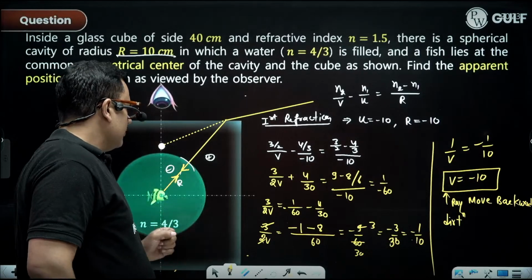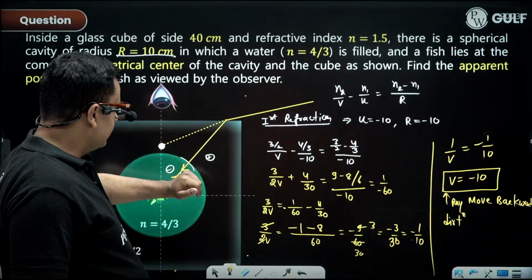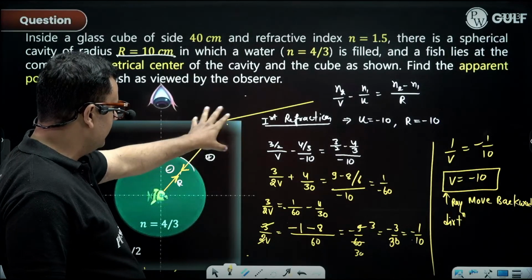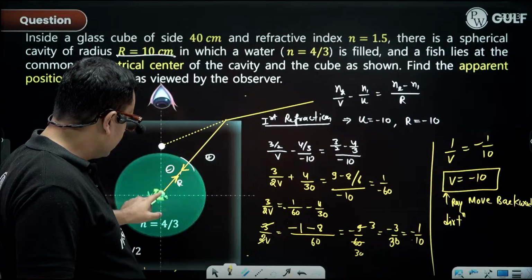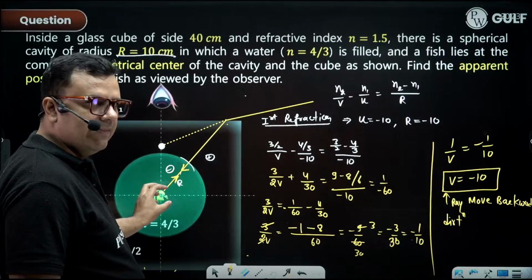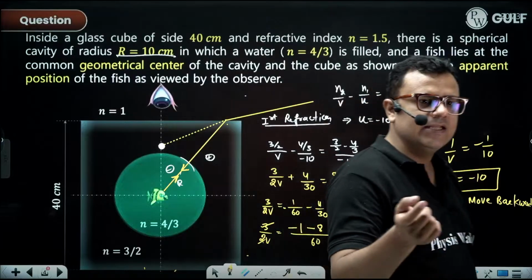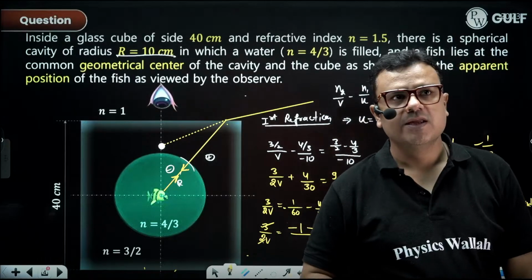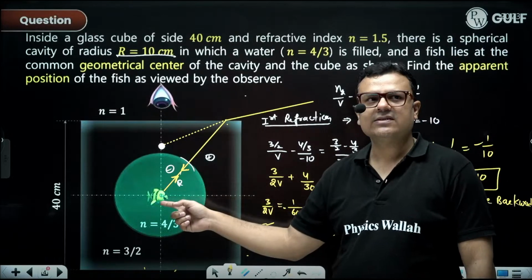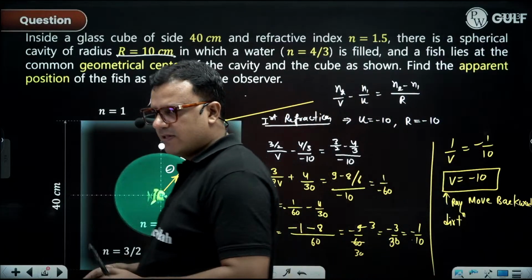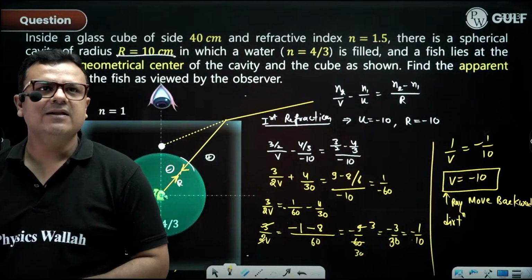In this scenario, we are saying this go without derivation. So when we go through this refraction, we know that the object is at the center and the image is also formed at the center. So the center of the image remains the same.